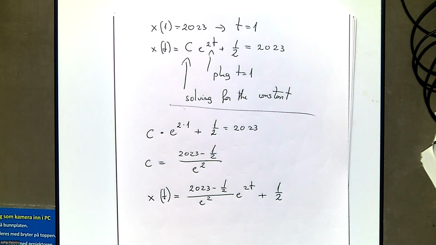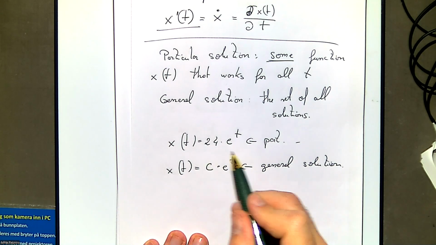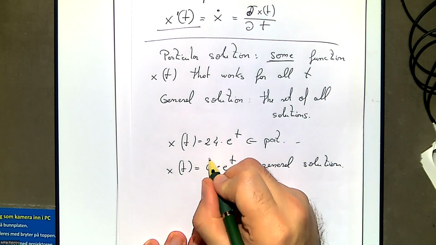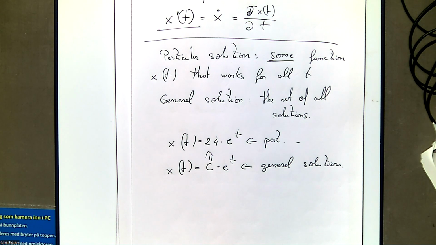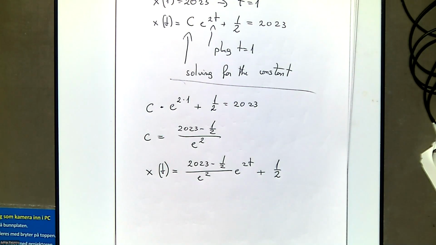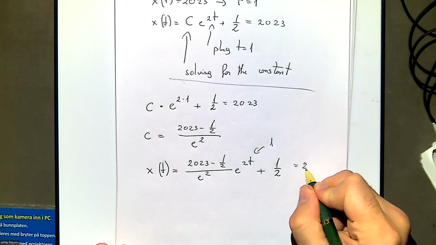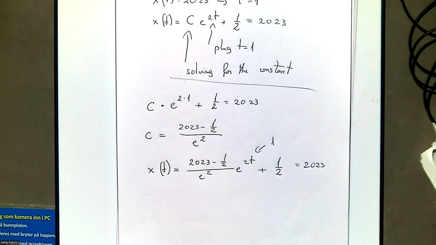I even wrote it, and that should be kind of intuitive, because when I first introduced general and particular solutions right here, I gave you the exact example. The particular solution is the same thing, just that the constant has a number instead of c. Okay? And the idea is that that number, in our case, just works magically. If I would plug t equals 1 here, I would just get 2023. Okay? That's the whole idea of particular solution.